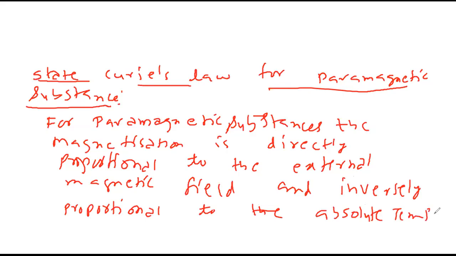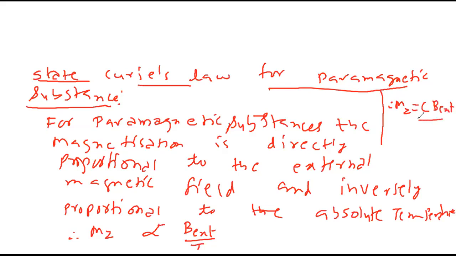Therefore, Mz proportional to B external upon absolute temperature T. Therefore, Mz equals C into B external upon T, where C is Curie's constant. Last line, this is known as Curie's law.